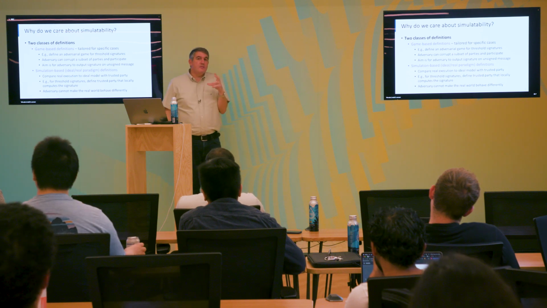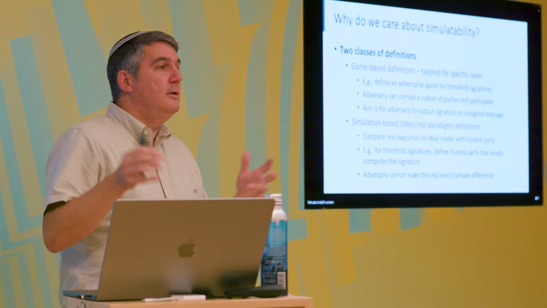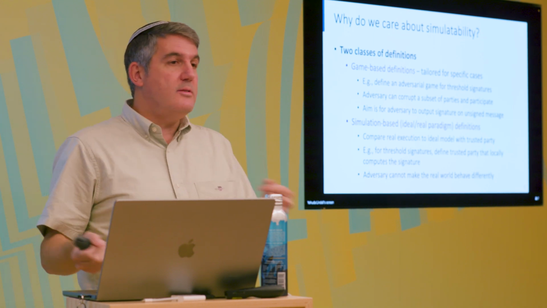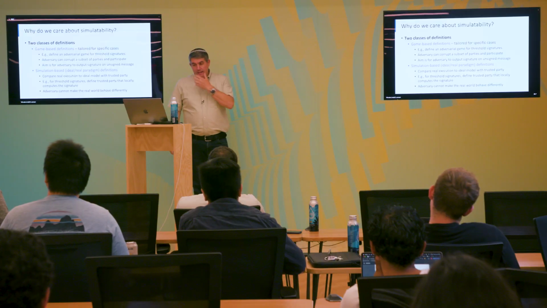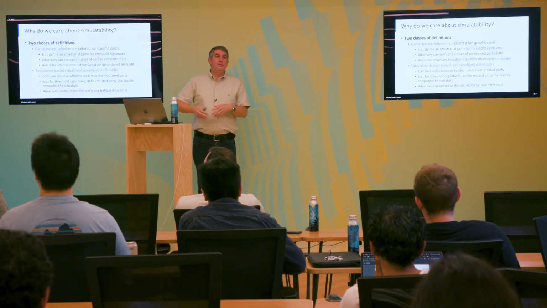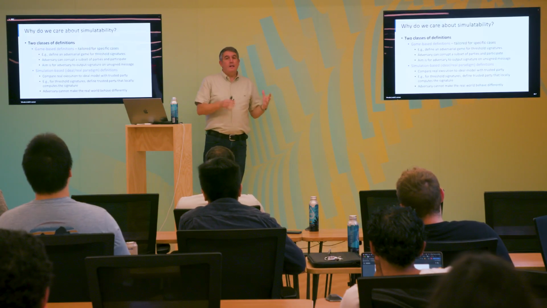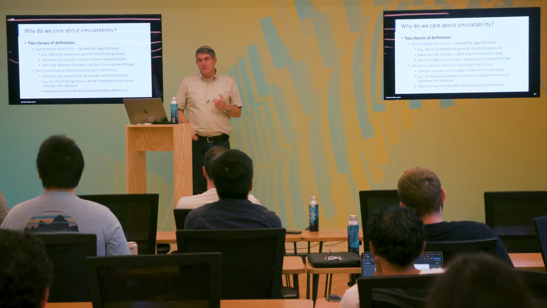And so for threshold signatures, you would just define a trusted party that would, for example, get key shares and then sign on the message or something to that effect. And because in the ideal world the adversary can't do anything, then likewise in the real world, that's what we get.